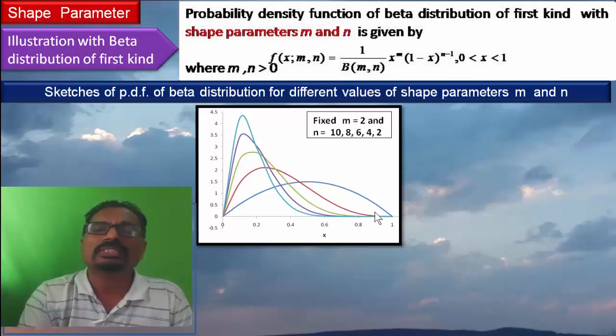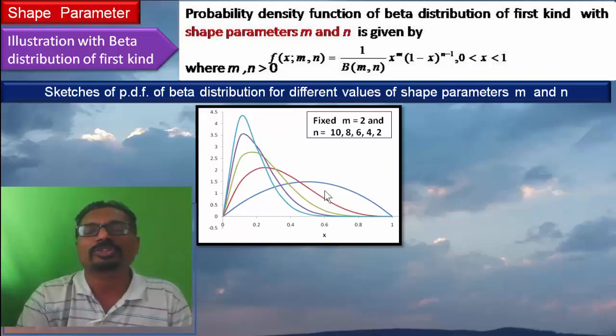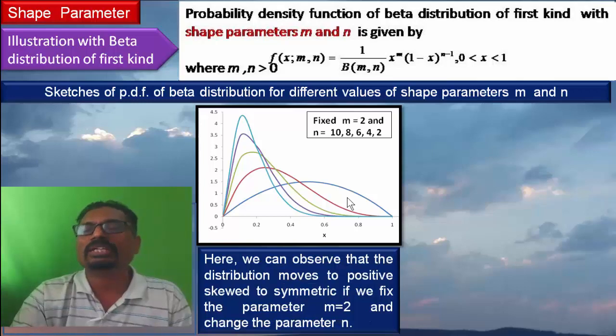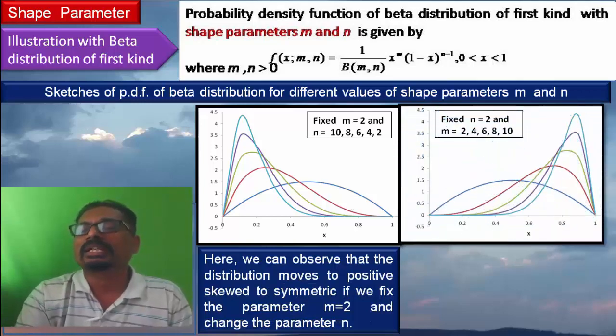In this way, we can see that as n changes, the first curve is a positively skewed distribution, but as we change n, the curve goes to a symmetric distribution. This means the shape of the curve changes when the shape parameter changes. Similarly, here n is fixed and we change m.